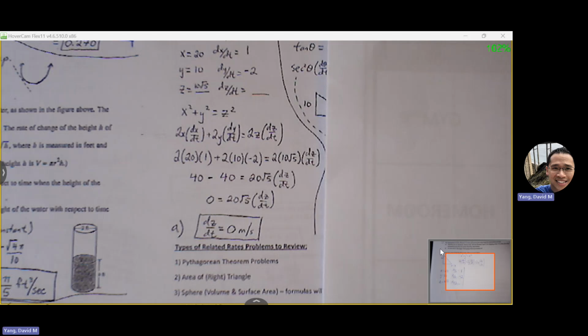Just so happens that at this moment in time, dz/dt ends up being 0 meters per second. But if it was any other time, that rate of change would probably be increasing. It just so happens that at this moment in time, it works out in a way where dz/dt is 0.